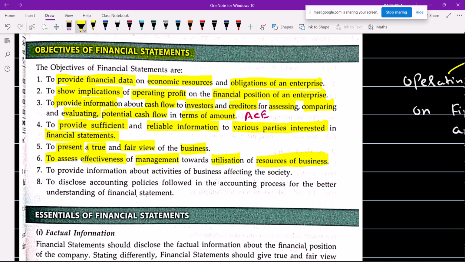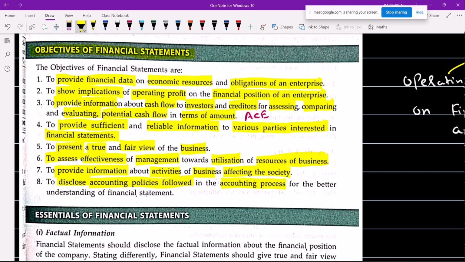Next comes your seventh point, that it will provide information about the activities of the business that are affecting society. And finally, it will disclose the accounting policies and accounting standards that have been followed in the accounting process.